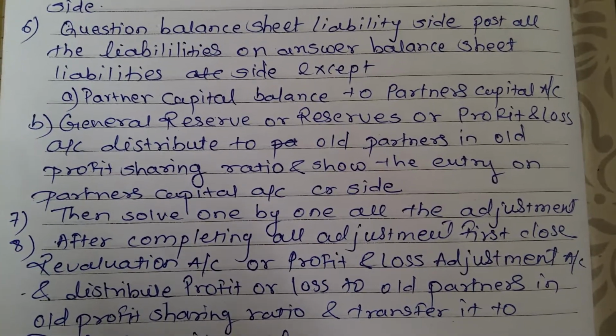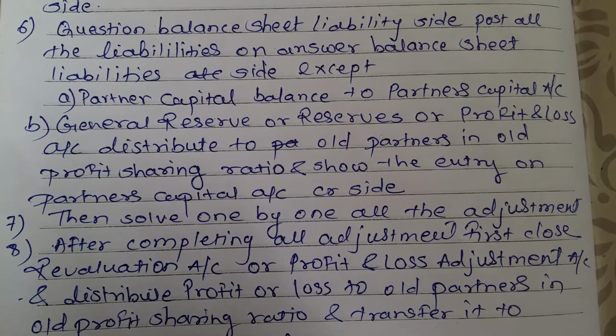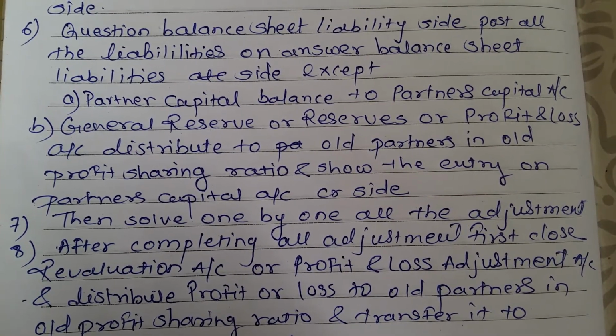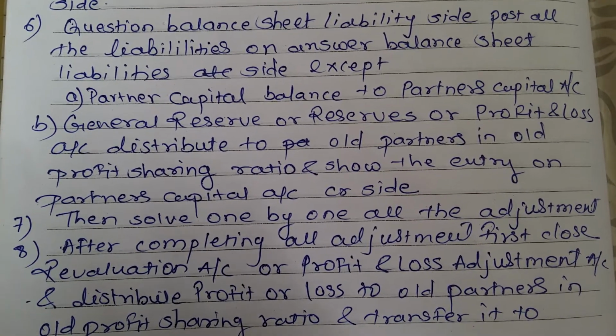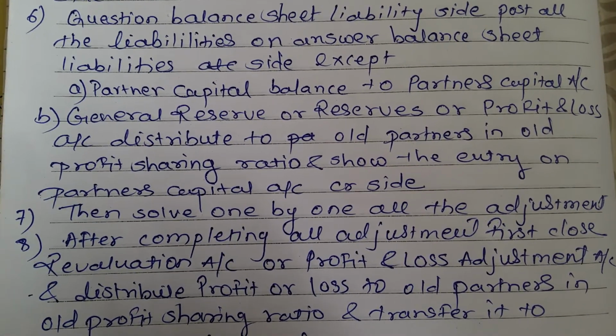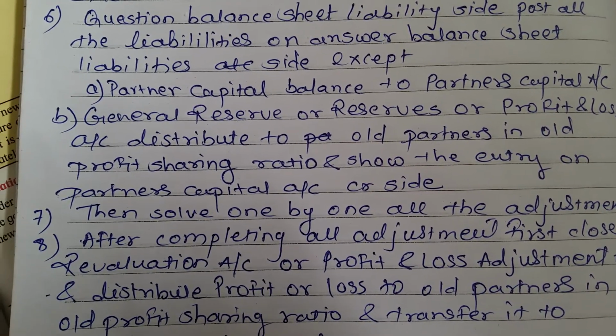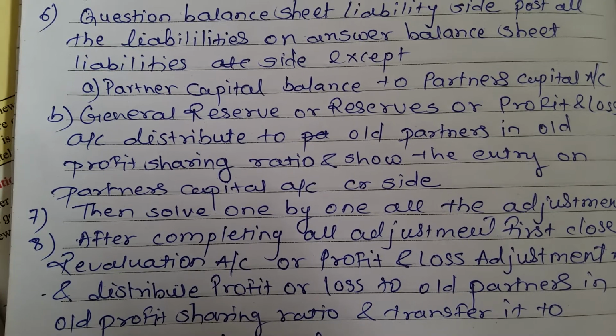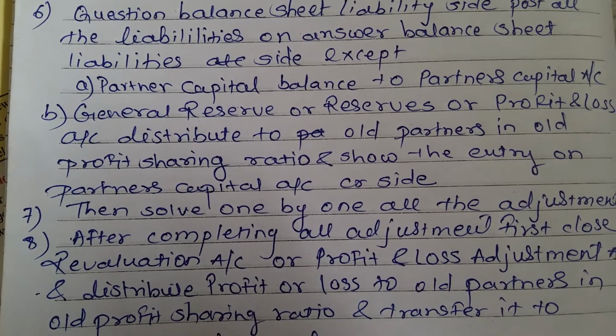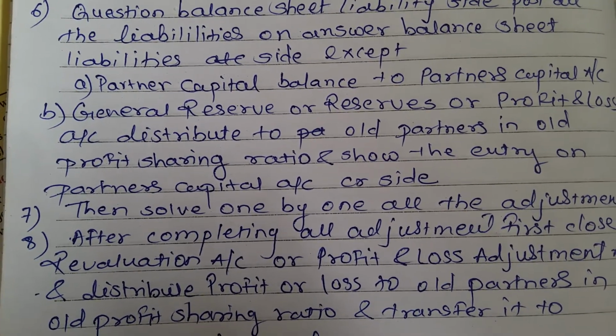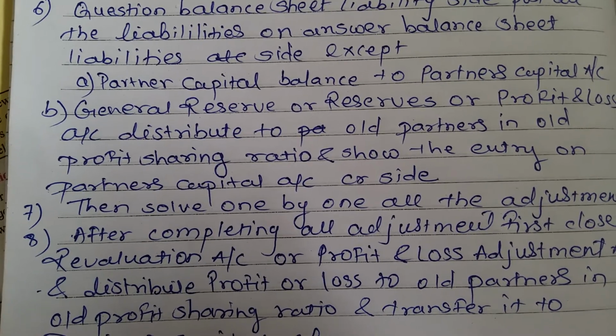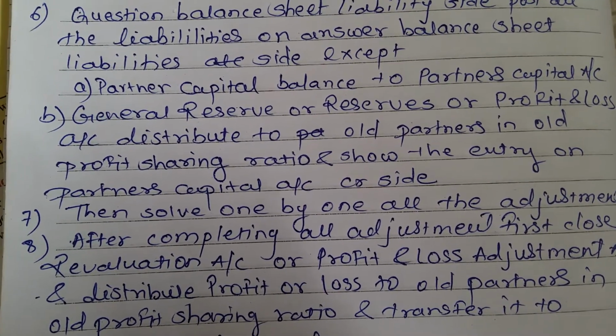Then sixth step, whatever is on the liability side in the question balance sheet, post all liabilities into the answer balance sheet liability side, except partners capital balances, if given, which you will post on the partners capital account credit side.